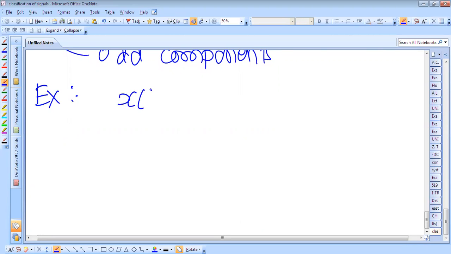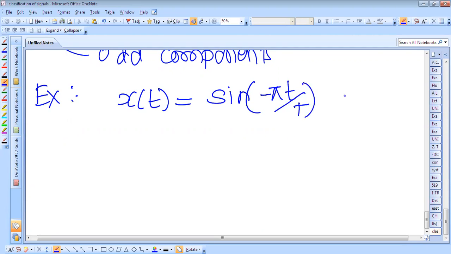The signal is given, x of t is equal to sine of minus pi t by t. Okay, this signal is defined for t which is less than or equal to t, and greater than minus t.